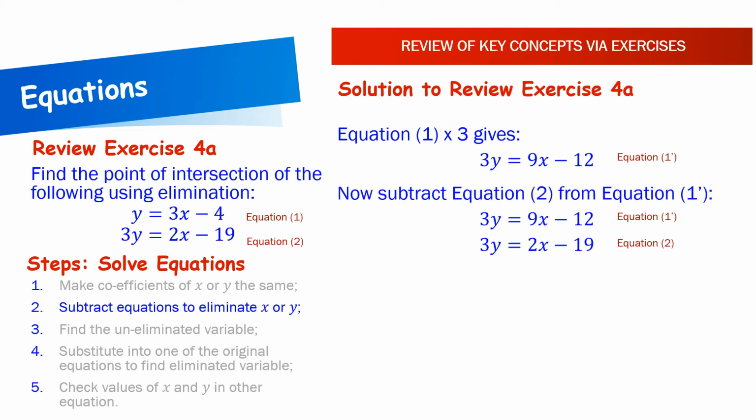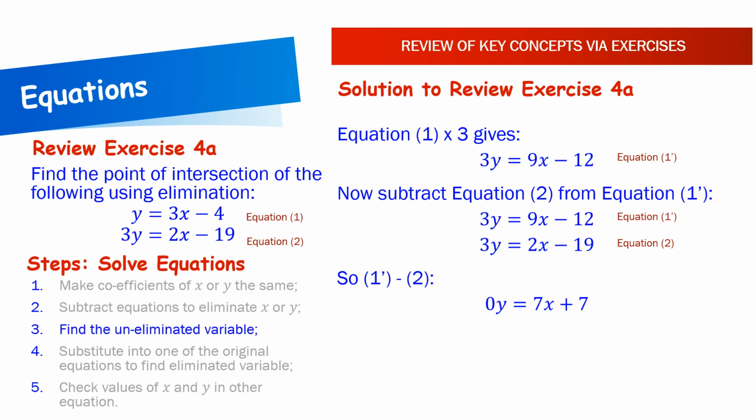Next, we subtract equation 2 from the new equation 1 dash, to give 3y minus 3y equals 0y, 9x minus 2x equals 7x, minus 12 minus 19 is 7.